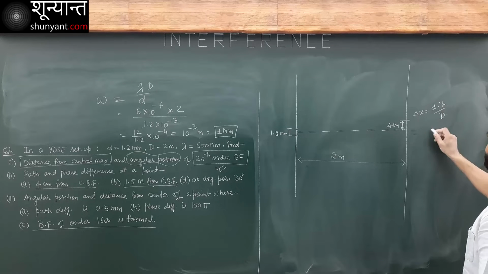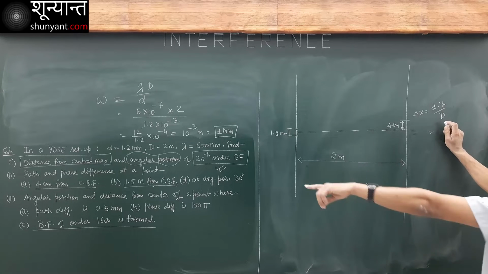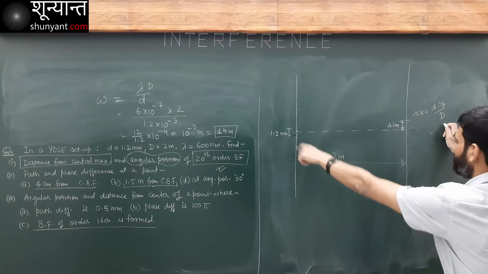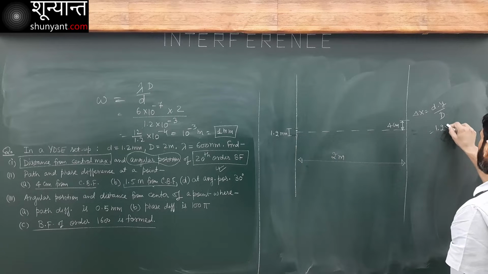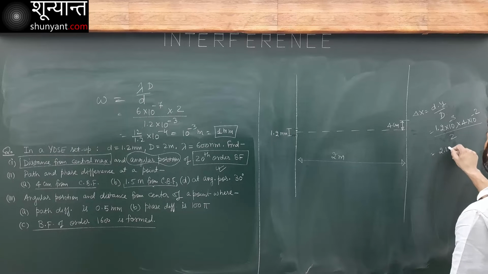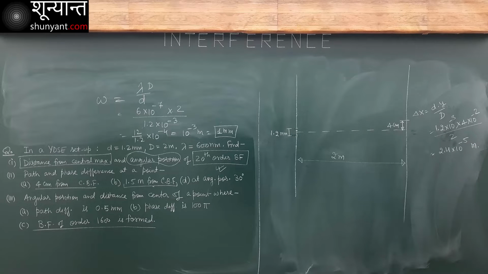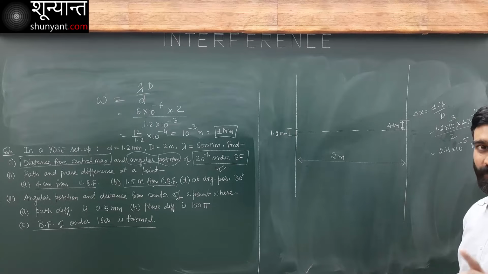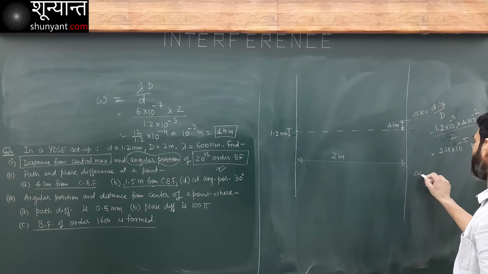Now this is D. What is d? d is equal to 1.2 times 10 minus 3, and y is 4 times 10 minus 2, and D is 2. Okay, so 2.4 times 10 minus 5 meter. What is this? This is path difference. What will be phase difference? Delta phi.